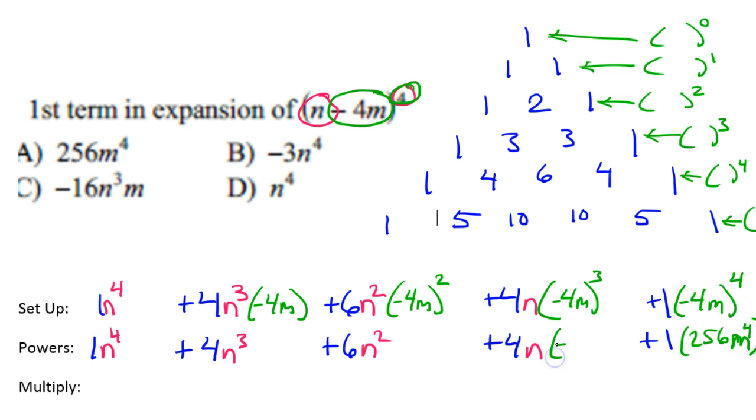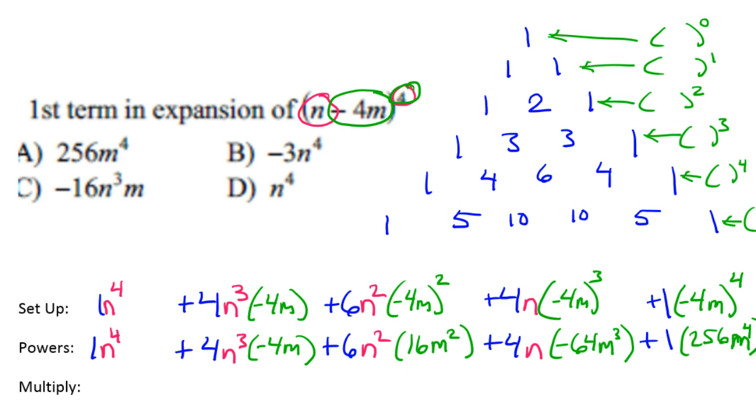So I'm going to have negative 64 m to the third power. And negative 4 squared is going to be positive 16. So I'll have positive 16 m squared. And then this doesn't have a power, so I'm just going to bring it down. Alright, now I've done all the powers.